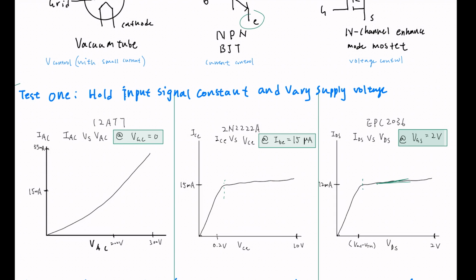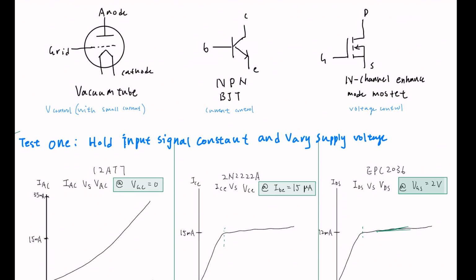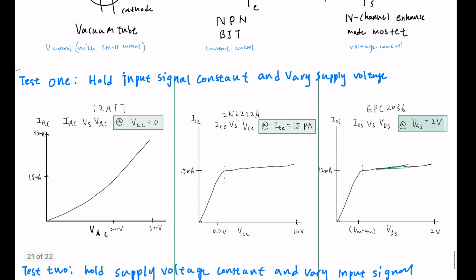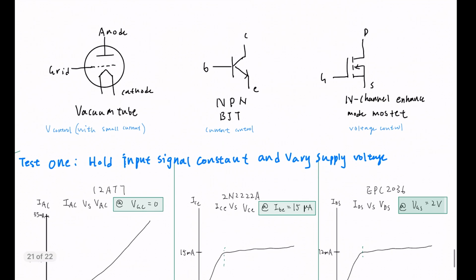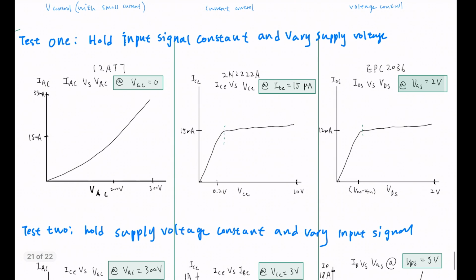Now, the vacuum tube is a different story. When we increase the supplied voltage from the anode to the cathode, we see that the amount of current flowing from the anode to the cathode is actually increasing exponentially.